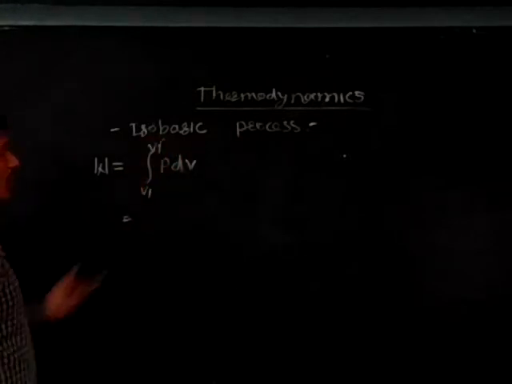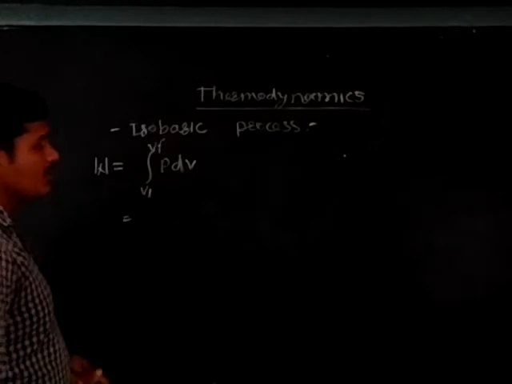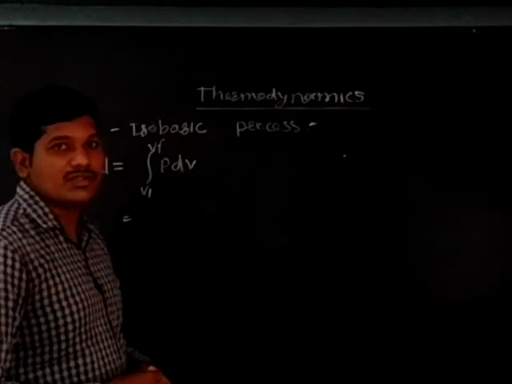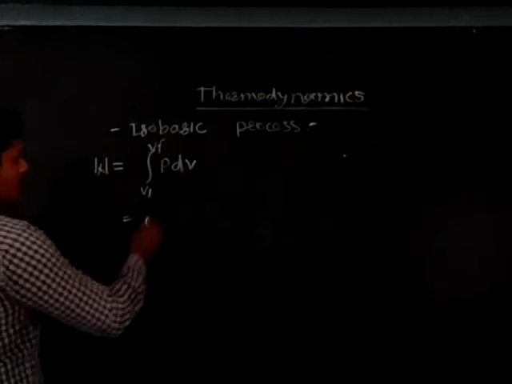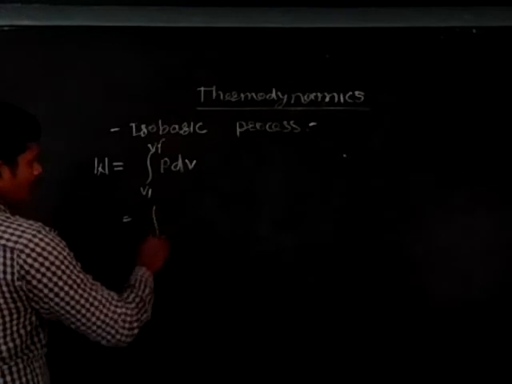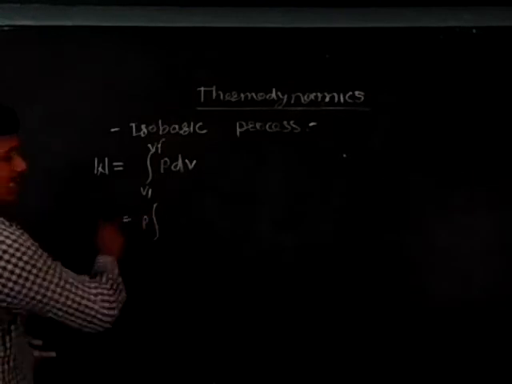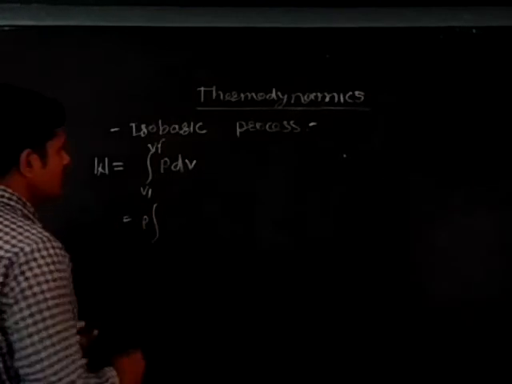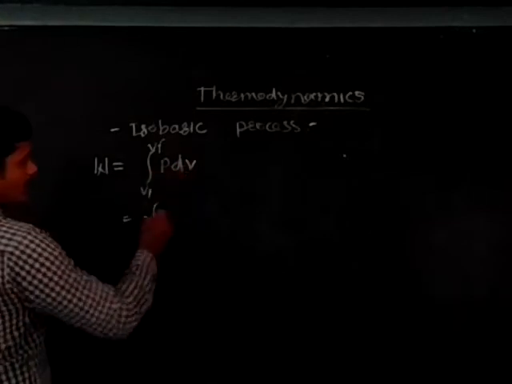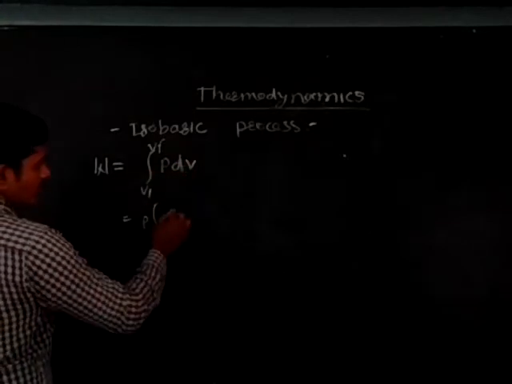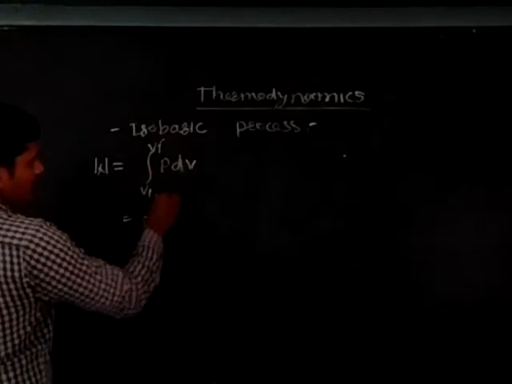Now, as we know, in this P dV the pressure is constant. The pressure will remain constant. So we can write pressure outside of the integration sign. Now what is the value? We can write Vi to Vf.